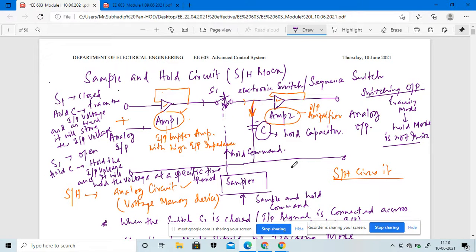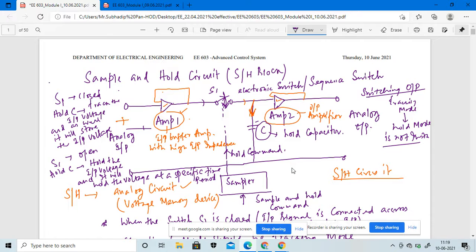Okay, so what I told, if the hold command is given from the sampler to the particular circuit under the tracking mode, that means tracking mode is on, and we are putting the command to hold, what happens? If this condition occurs, then the circuit will stay in tracking mode. Keep remembering this.